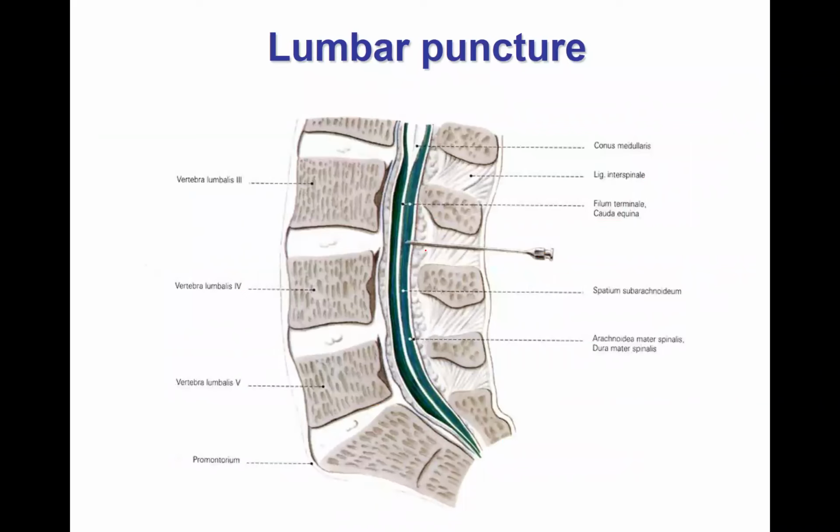So here you can see the lumbar puncture. This is the cauda equina and filum terminale all together. If you perform the puncture, you go in the midline between two spinous processes, and you have to go through the epaxial, that means deep back muscles, and you have to puncture two hard structures.